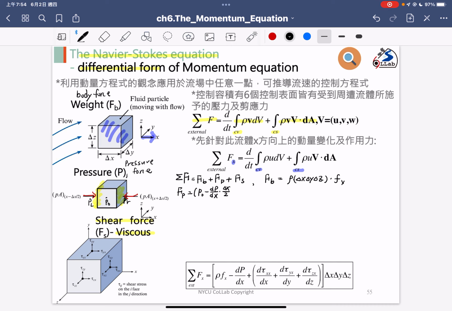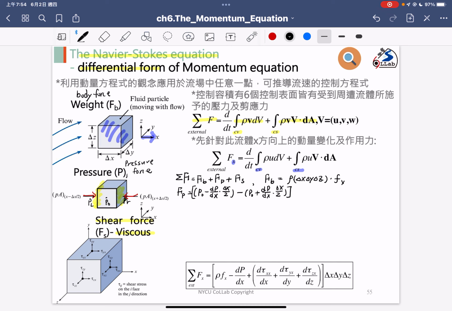This is the pressure on the left hand side, and we need to subtract the pressure on the right hand side, which is P0 plus dp/dx multiplied by delta x over 2.